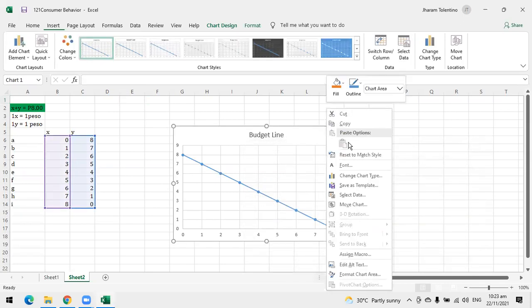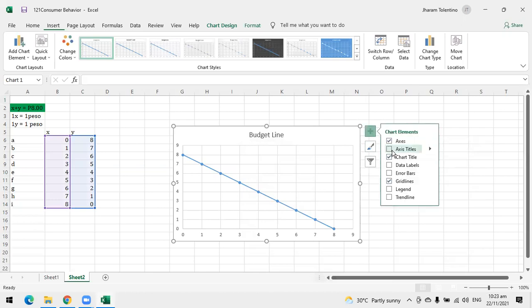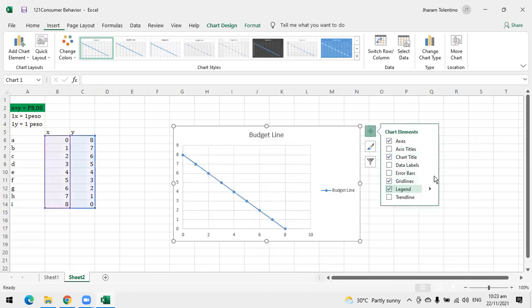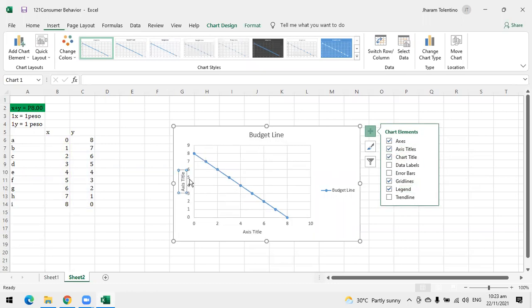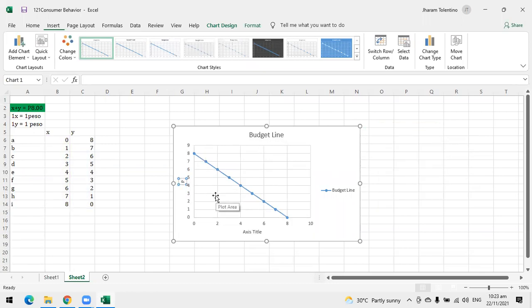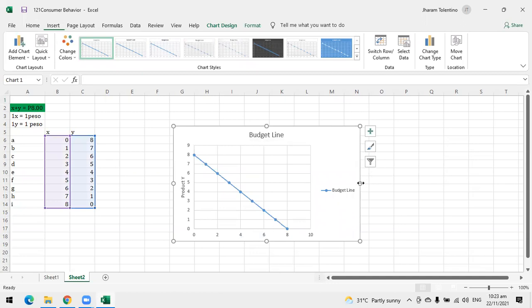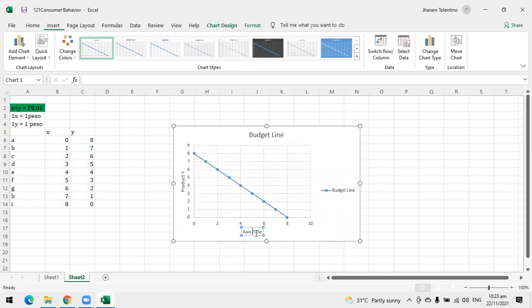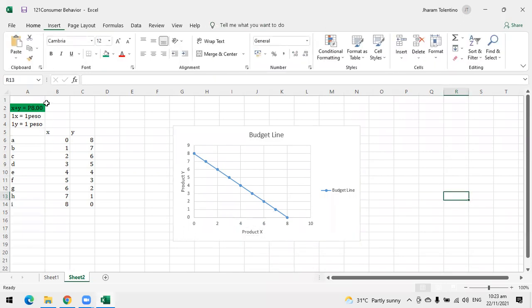Click OK. Let's add a legend here. So this is product Y, and this is product X. So it's a combination of what you can buy with your money. Let's repeat: product X is one peso, product Y is also one peso, and our budget is 8 pesos.